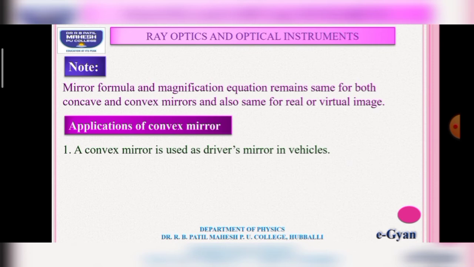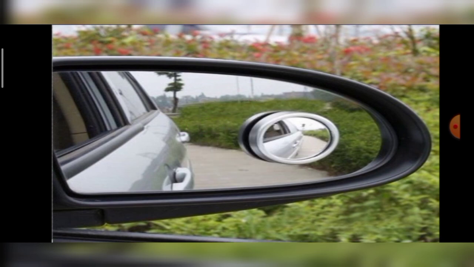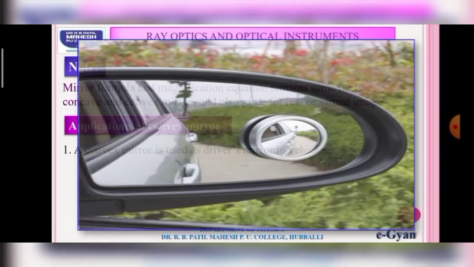So that the driver will be able to see a larger view of the backside, and the image formed will be small, hence the vehicles behind will be seen clearly. Okay, this is the picture of a convex mirror used in vehicles.